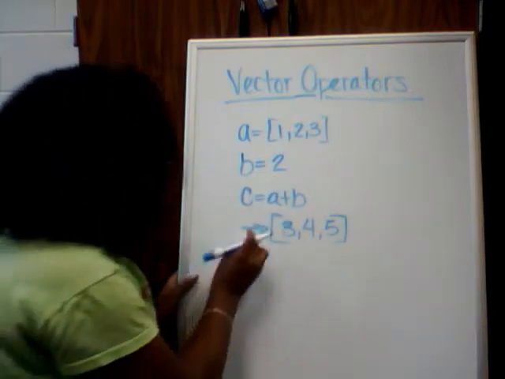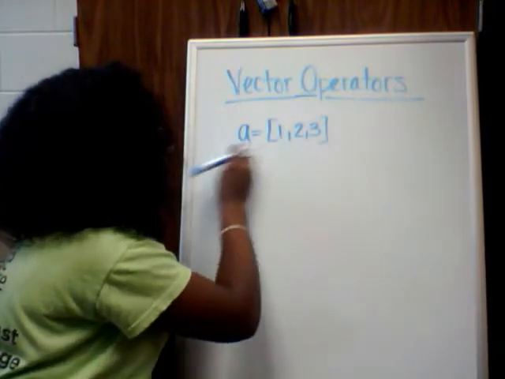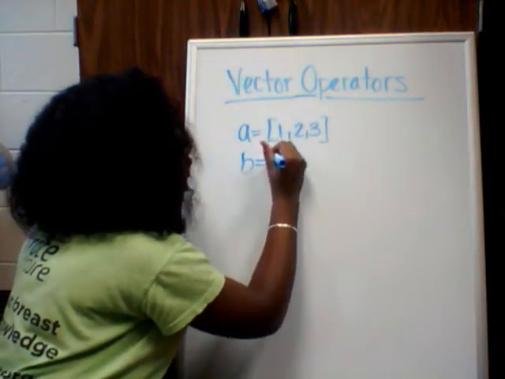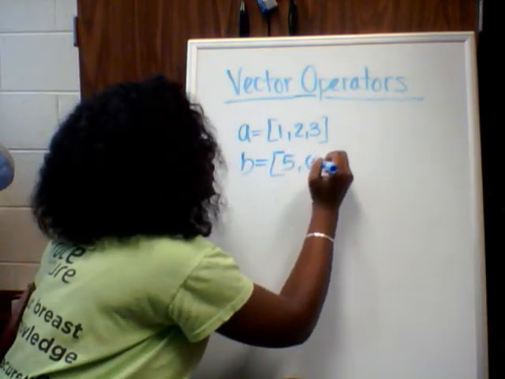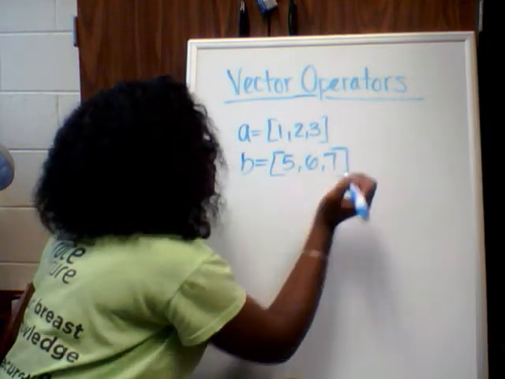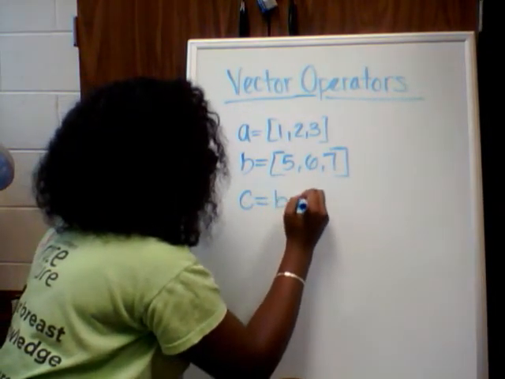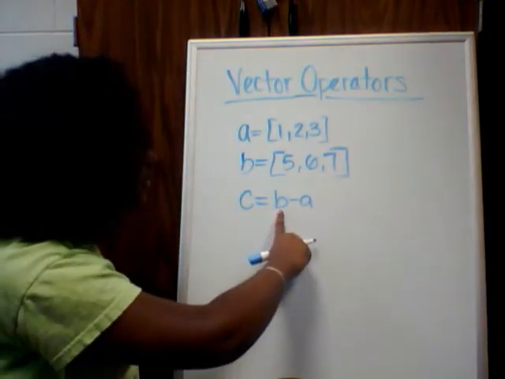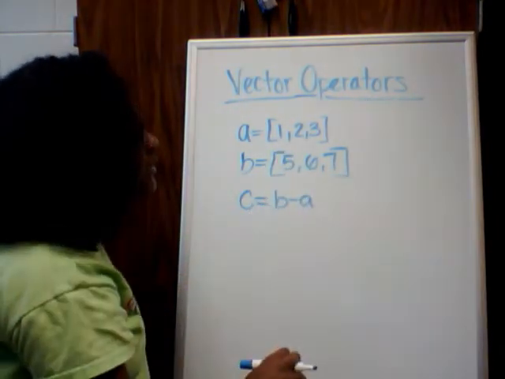We can also do the same thing with subtraction. If we leave A and make B equal 5, 6, 7, and we wanted C to equal B minus A, notice that I put B first instead of A so that I wouldn't come out with negative numbers.